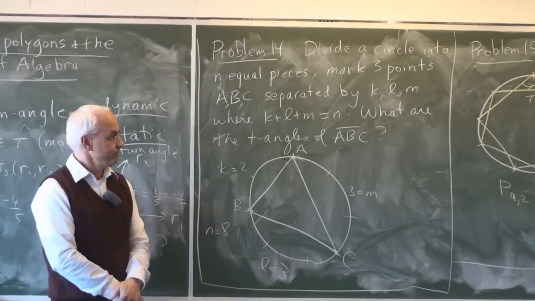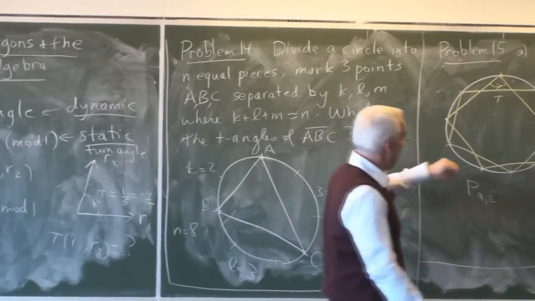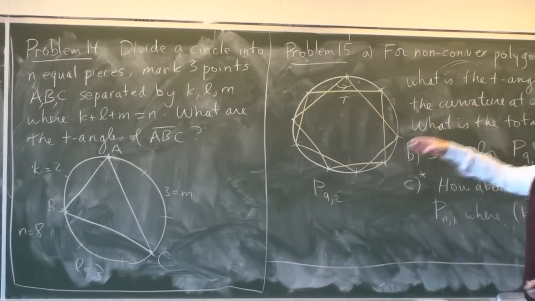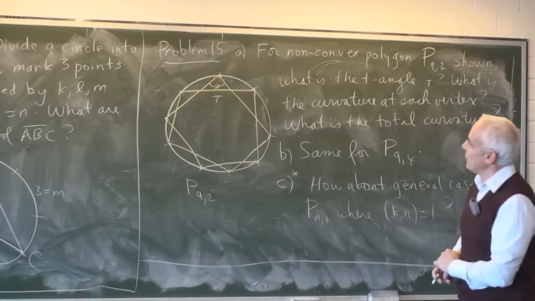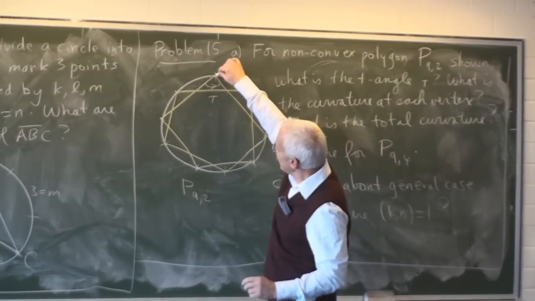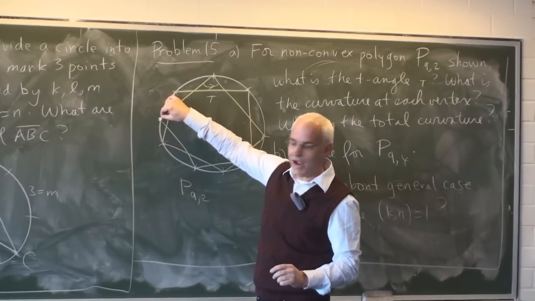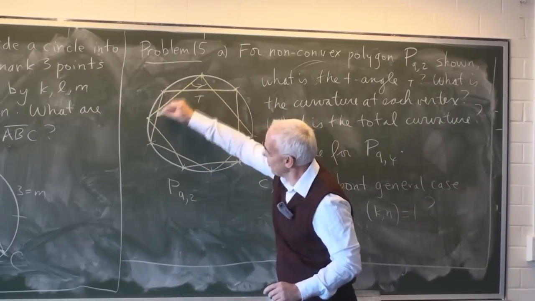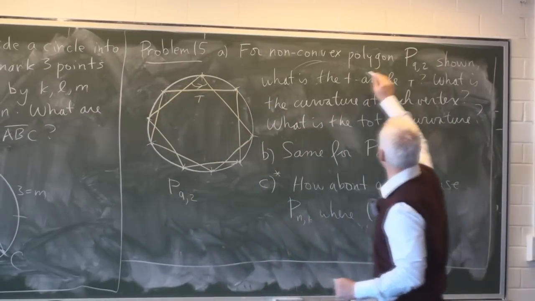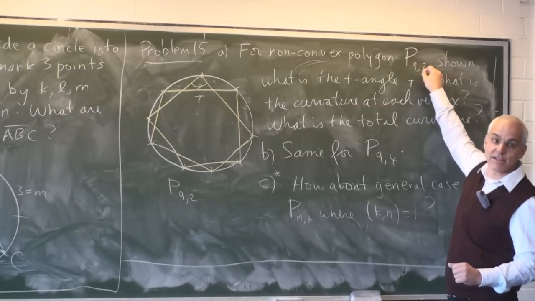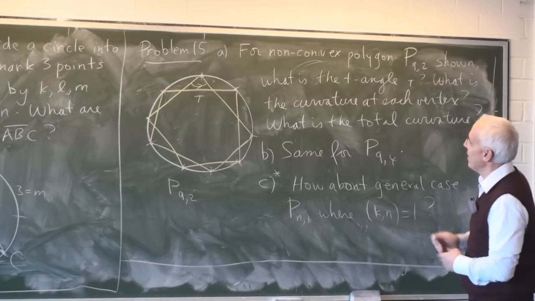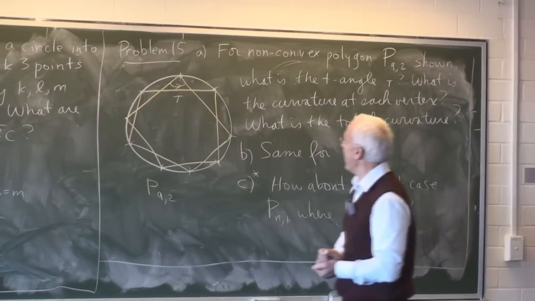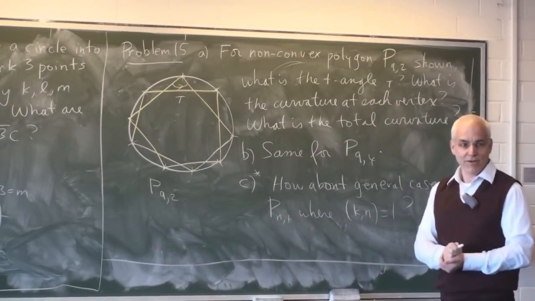In problem 15, we also have a regular subdivision of the circle, in this case into 9 pieces. And we are going from one piece over 2, and then over 2, and then over 2. So that's a non-convex polygon with 9 sides, which we might call P9,2. And that non-convex polygon has a turn angle of some tau. And I ask, what is that turn angle?